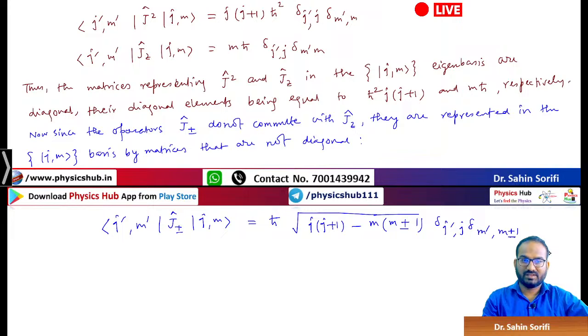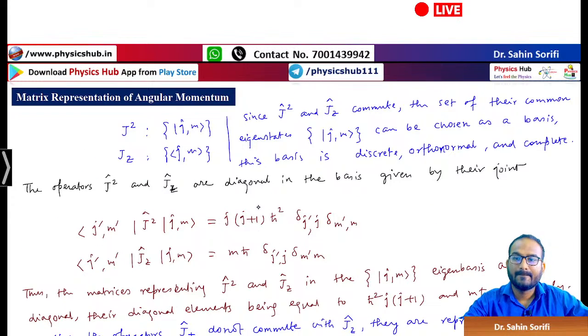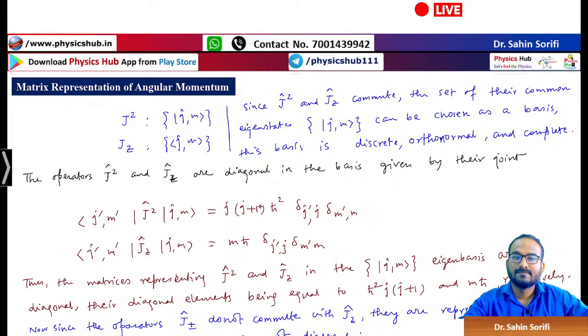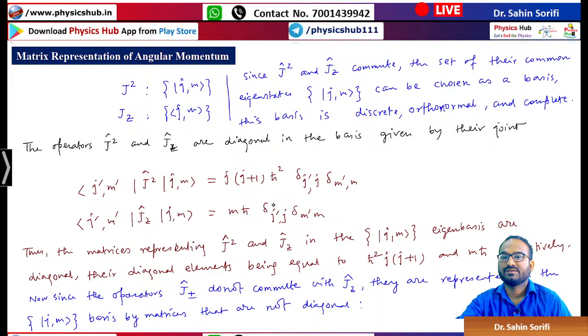First line of the last slide. Since J square and Jz commute, the set of their common eigenstates |J M⟩ can be chosen as a basis. This basis is discrete, orthonormal and complete.